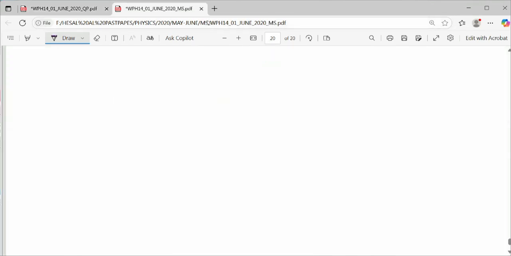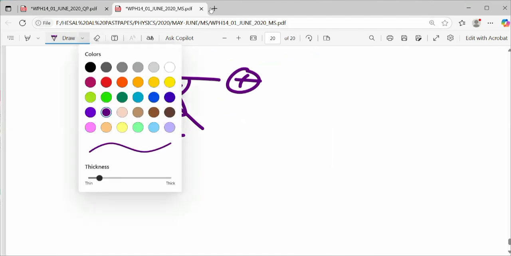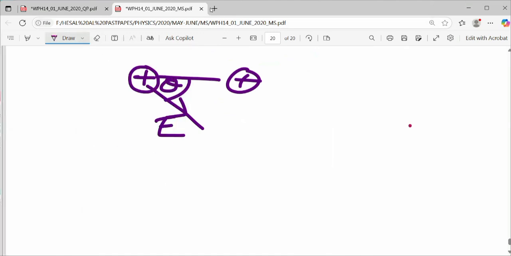Suppose you want to find this charge, how do we do so? If I take this angle as theta, once I resolve, this is cos theta, this is sin theta.